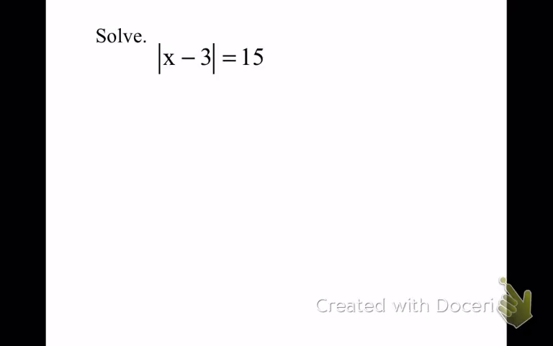All right, now check your work. I branch it into what two equations? How about Edward? X minus 3 equals 15, and x minus 3 equals negative 15. Good. And now we always solve this with our inverse operations. Alex, what am I going to do?